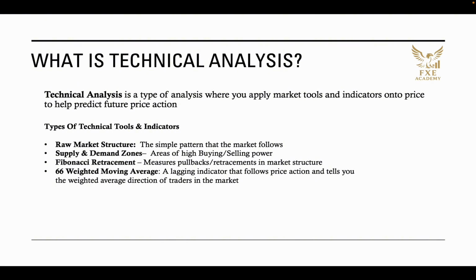Okay, and moving on, we'll talk about all this a little more, but we're going to talk about the 66 weighted moving average. This is a lagging indicator, mind you, lagging, that follows price action and tells you the weighted average direction of traders in the market. It's last for a reason as well. All those 3 principles come before the weighted moving average at times.